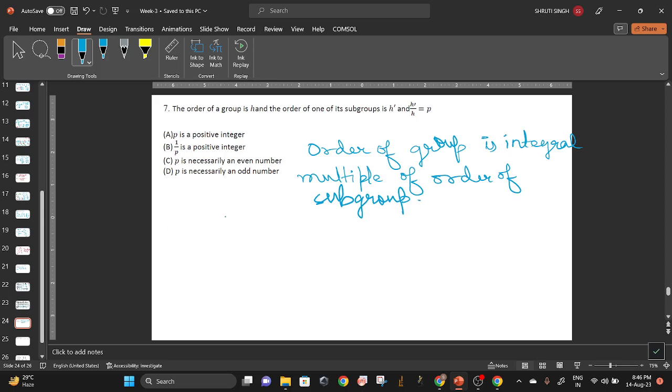So how do I write it? H is equal to k times H prime. k is a positive integer.